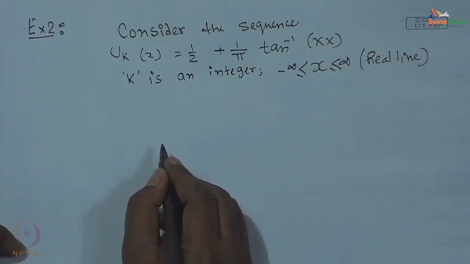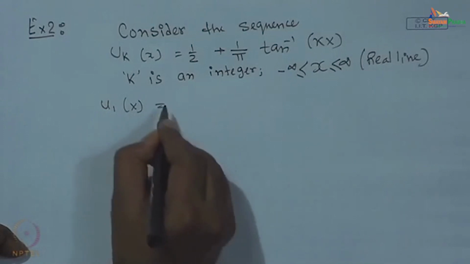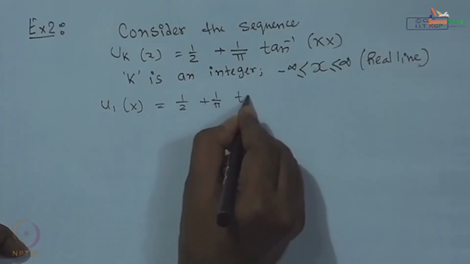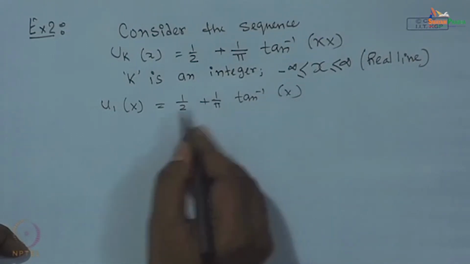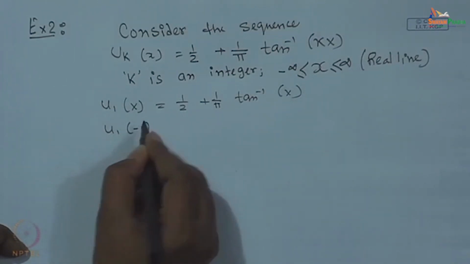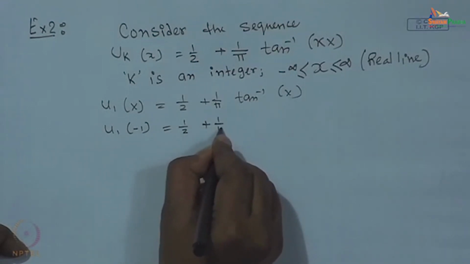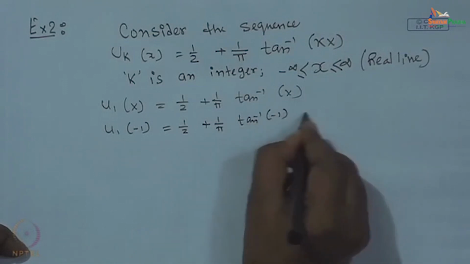Okay. So, let us find out what is u1(x). u1(x) is nothing but half plus 1 over pi tan inverse x, and u3(x) is just putting k equal to 3. So, what is u1(-1)? u1(-1) is half plus 1 over pi tan inverse of minus 1.